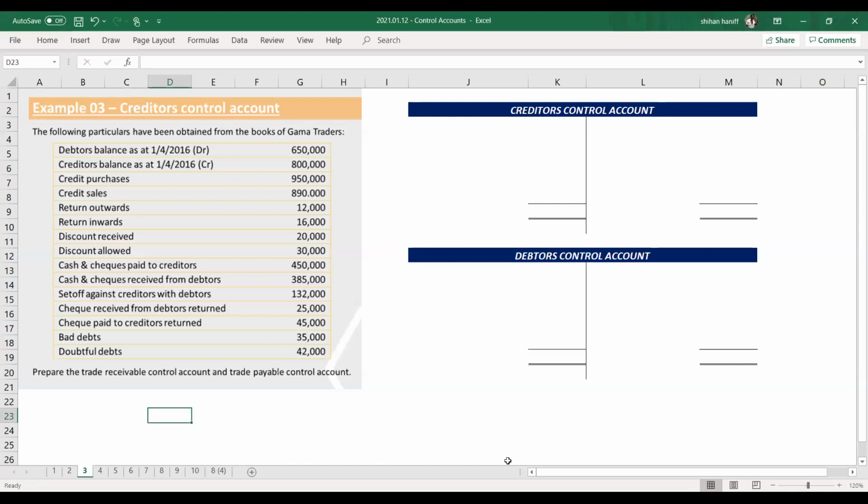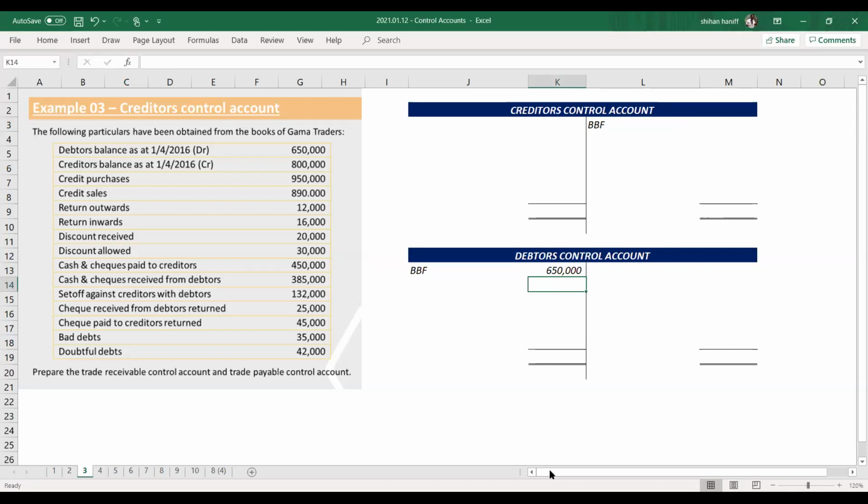Example 3. Debtors account opening balance 300,000. Creditors opening balance 600. And calculate the closing balances and tell me how much.